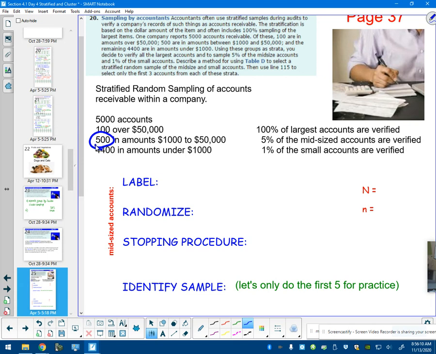So I'm going to label accounts 1 to 500. Now I'm doing my calculator. Do I have to do the double zero?